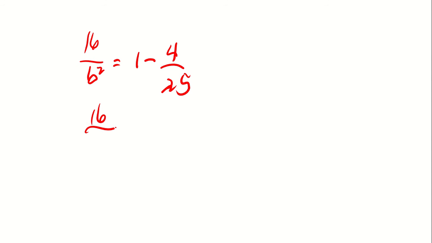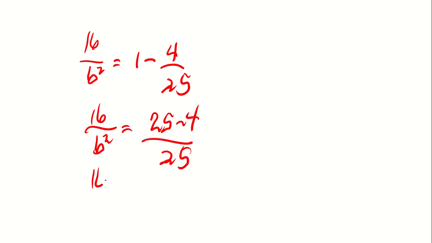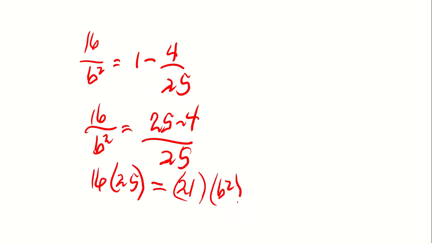So alam na natin na 16 over b squared is equal to 1 minus 4 over 25. Okay, so we can have 16 over b squared is equals to 25 minus 4 over 25. And by cross product, we can have 16 times 25 is equals to 21, because 25 minus 4 is 21, times b squared. So, ang ginawa po natin ay cross product, okay.